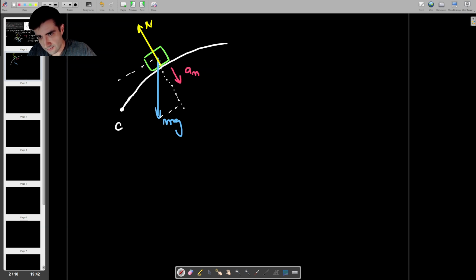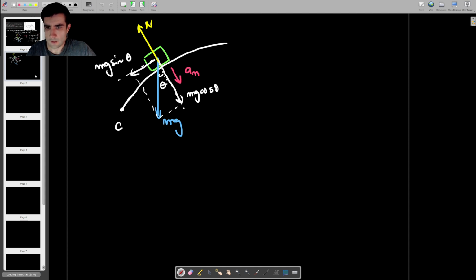So we have an angle theta between the forces. So this is mg cos theta, and this is, of course, mg sine theta. Okay, so we can then write that mg cos theta minus n is equal to mv squared over r. So look how it looks here.